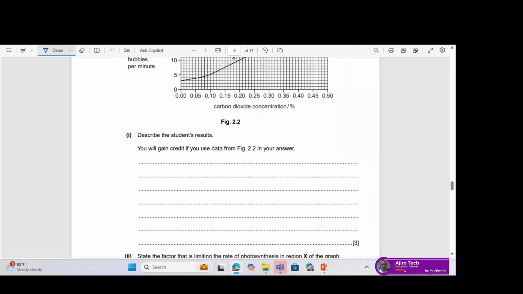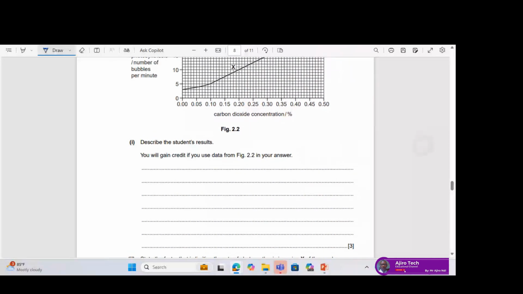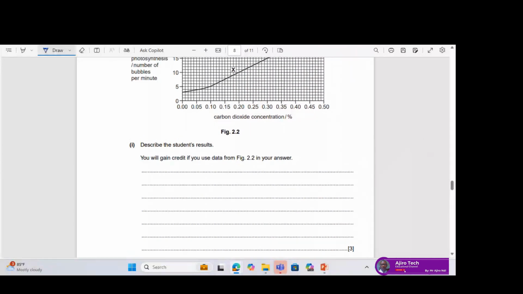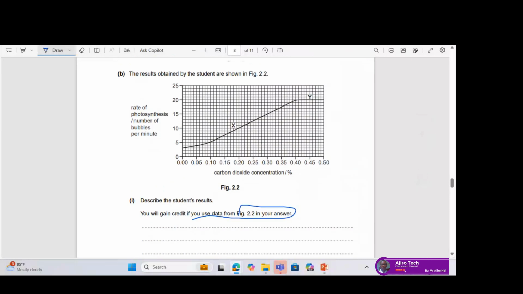So that's the first question. Describe the student's results, for 3 marks. Of course, you gain credit if you use data from the figure and the graph above. So let me hear your answer.